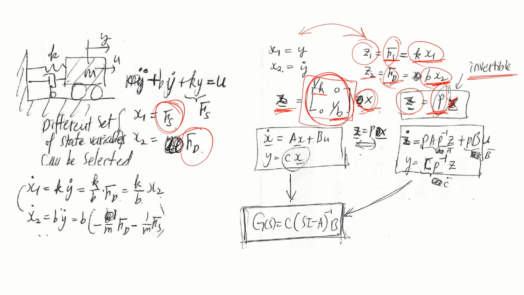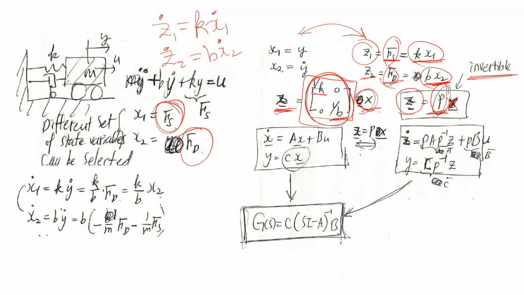Okay. Well, by choosing the state vector, we can also look at the state model. The state model is Z1 dot and Z2 dot, and that is k times what? k times x1 dot, and b times x2 dot. Right.